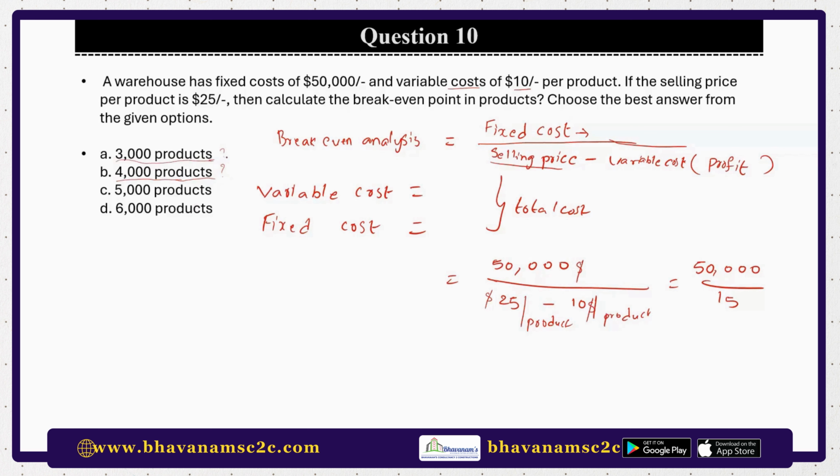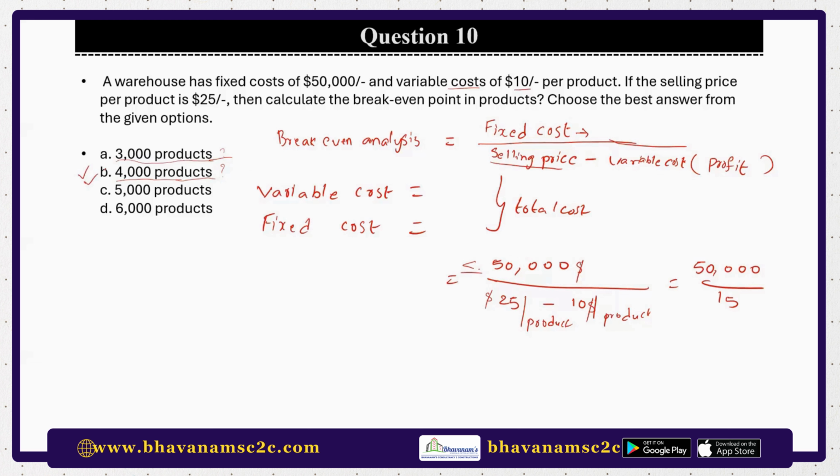If you go with 3,000 products, then the value will be lesser than the 50,000. So in that case, we are contradicting the statement, as we are not even reaching the value. When you go for 4,000 products, it means that the value is exceeding 50,000. It means that you are exceeding the break-even point, and they ask you to choose the best answer, right? And obviously 4,000 products is our best answer.